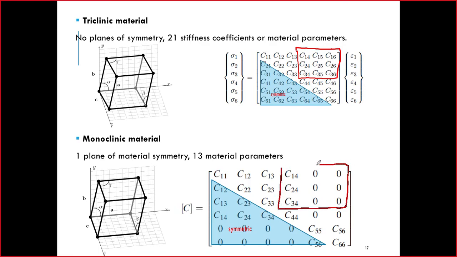We are seeing that these are non-zero. इधर ये वाला column है अभी भी. That means कि in this case, even shear strains can cause normal stresses, and vice versa. Even normal strains can cause shear stresses.